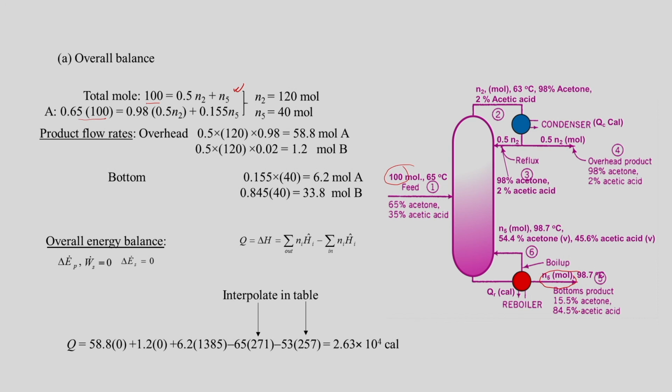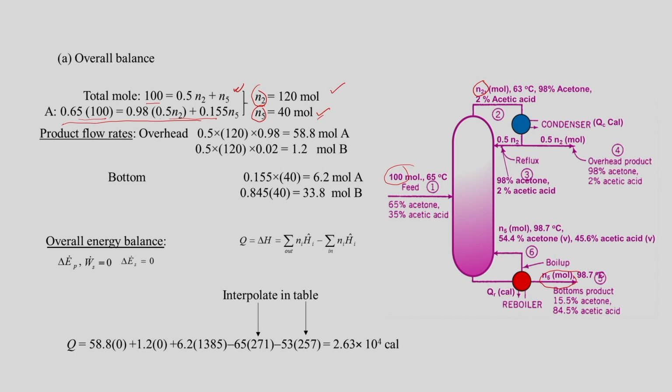Solving these two equations, we get N2 equal to 120 mole, and N5 equal to 40 mole. What does it mean? The total moles coming out from the distillation column as vapor will be 120, whereas the bottom product N5 is 40 mole.